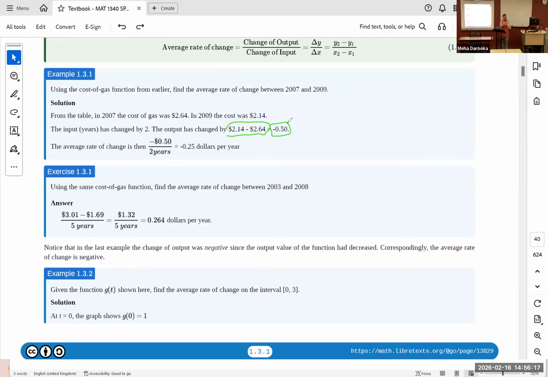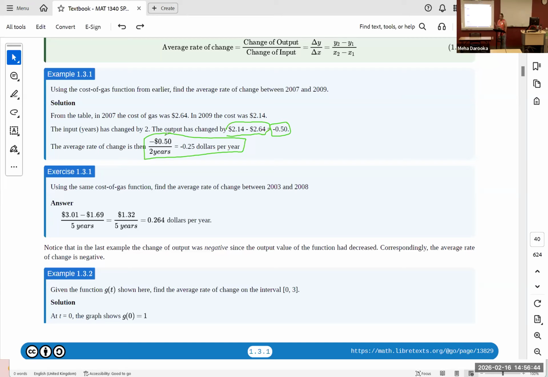From 2007 to 2009, we're looking at a difference of 2 years. So your average rate of change is that we went down on average by 25 cents each year. The negative number tells you you're going down, which means your rate of change is decreasing. If it's a positive number, it tells you your rate of change is increasing.